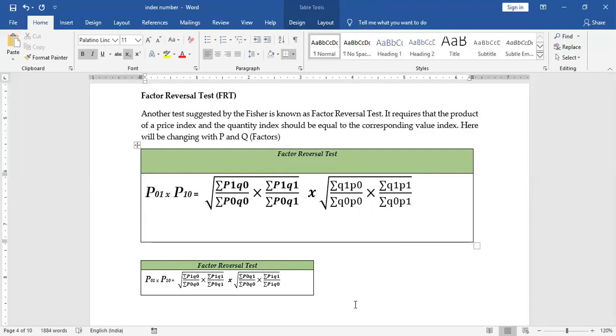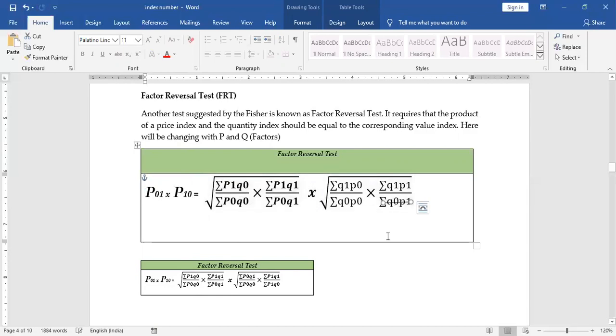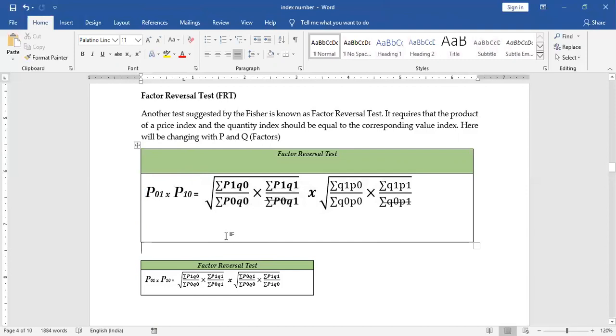Is there any possibility of the factors getting cancelled? Yes, obviously factors get cancelled. You can see here P1 Q0, P1 Q0. So what I can do, I'll be cancelling here. P1 Q0 and P1 Q0. Next is P0 Q1 and P0 Q1. You will have two factors which get cancelled.